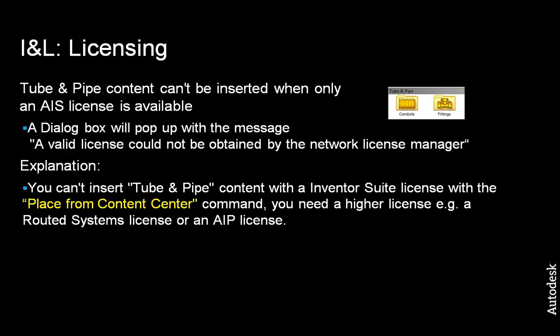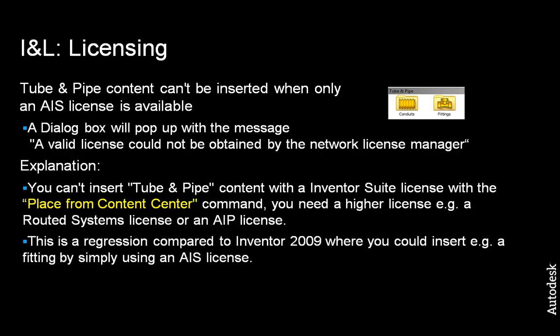The place from content center command really tries to consume needlessly a higher license. So it tries to get a routed systems license or an AIP license, and it shouldn't. This is clearly a regression compared to Inventor 2009, when you could do this type of operation and you were just consuming an AIS license.